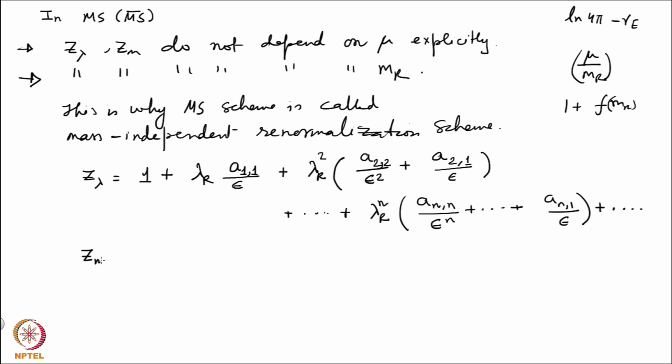Let me also write down what Zm would look like. It will be identical except for the difference in coefficients. So let's call them B's, B1, B2 and so forth.